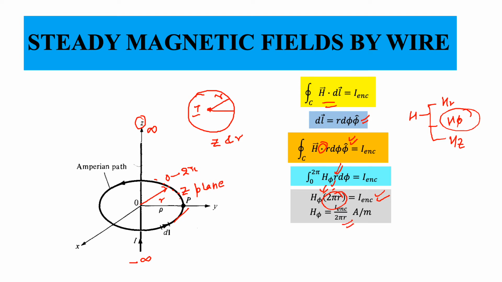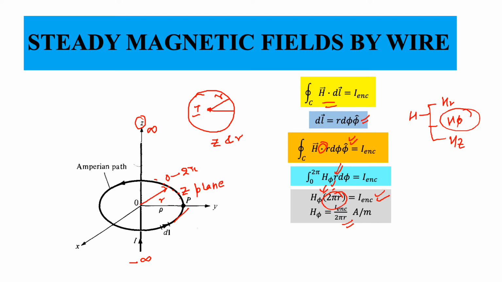Does this result make sense? If you fix r and then look at the magnetic field, we know from the right hand rule that it has to curl around the current carrying conductor. If current is directed along the z-axis and you place a constant loop of radius r, then the magnetic field around it must form a circle.